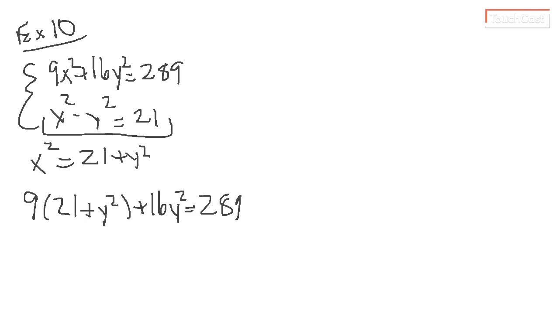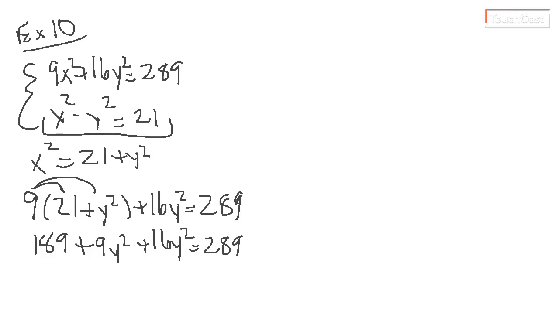Well, 9 times 21 is 189. If we distribute, 9 times y squared is plus 9y squared plus 16y squared equals 289.